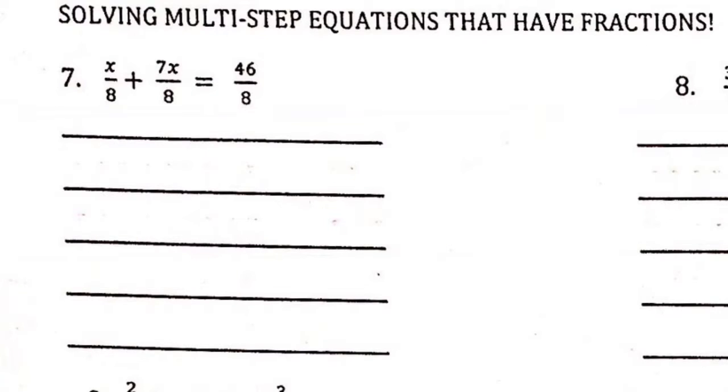So if we look at this first one here, they all have the same denominator of 8. So I do not have to find the least common multiple because they have a common denominator. So what I'm really doing is x plus 7x over 8 is equal to 46 over 8.